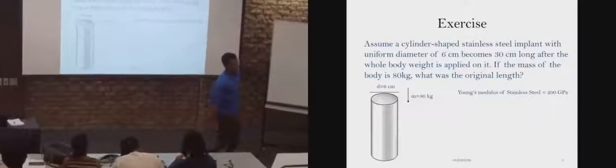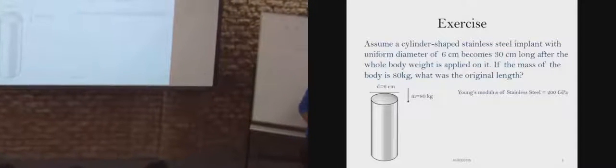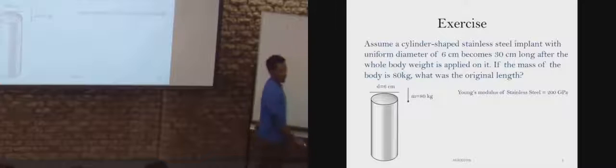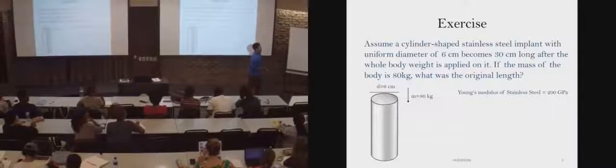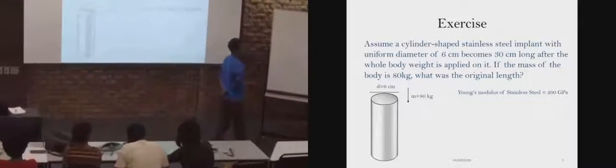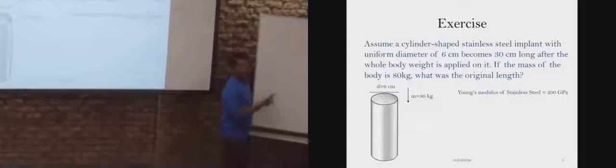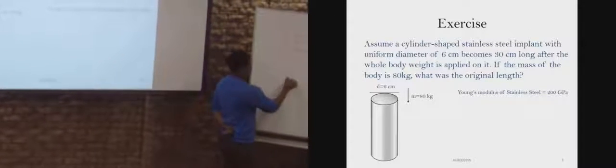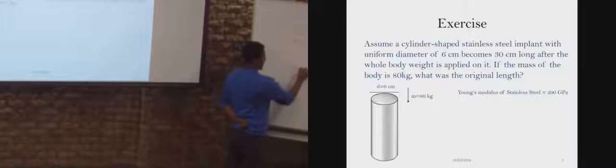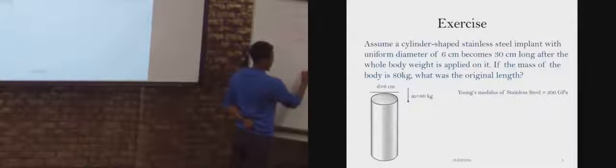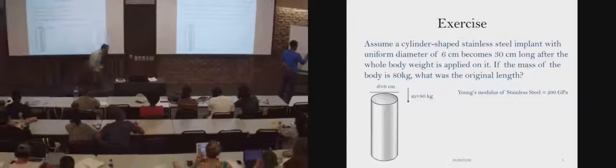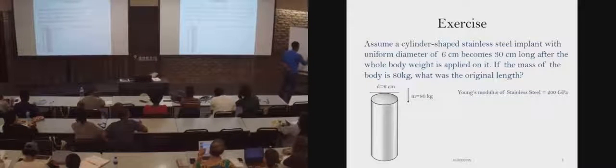So what is unknown from this? L naught. Only this one is unknown. So we have to take this out from the known values and express it in terms of known values. So this is equivalent to Y times F L naught divided by A times L naught minus LF.